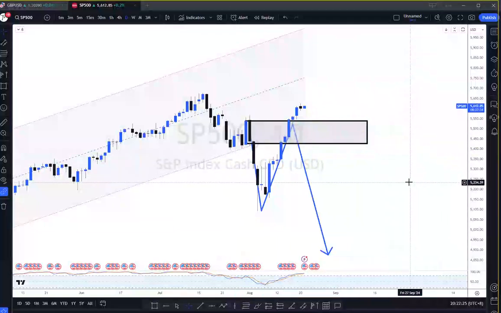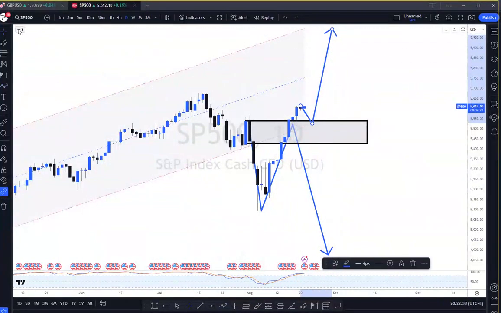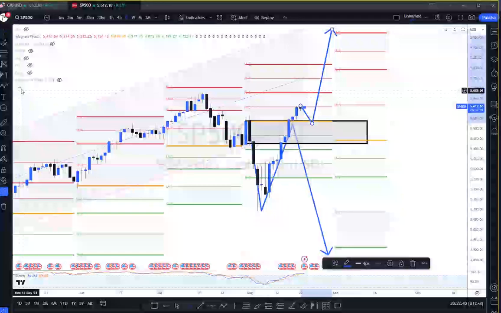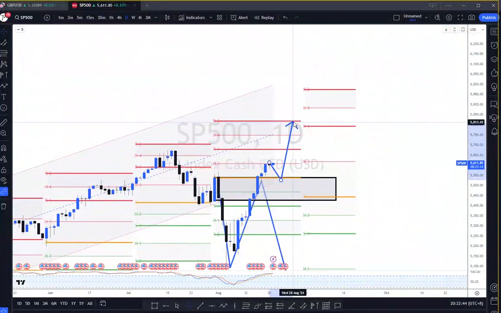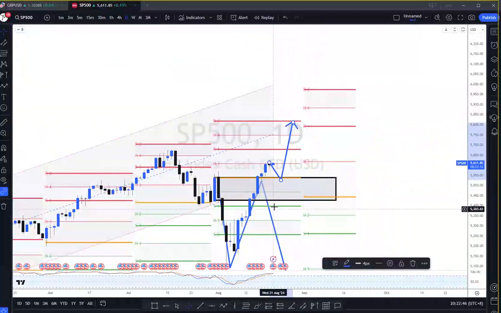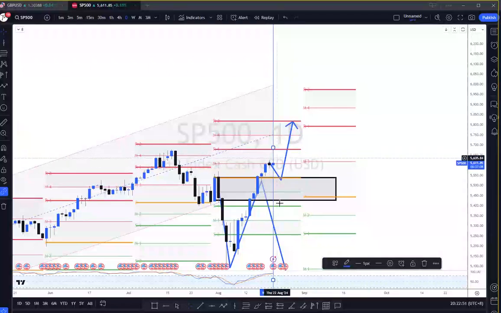So the expectation is this, either to the upside here, or just a straight move to the upside.